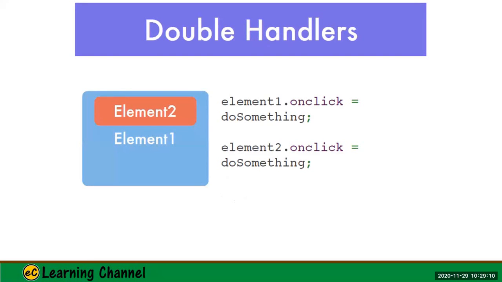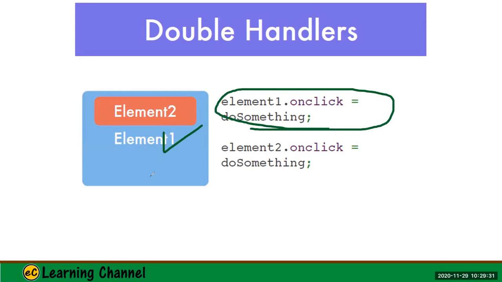Okay, so you have onclick, you do something, onclick, do something. So here, you may have element 1, element 2, right? And element 2 is inside element 1. So if you click on element 1, it will do element 1, right?